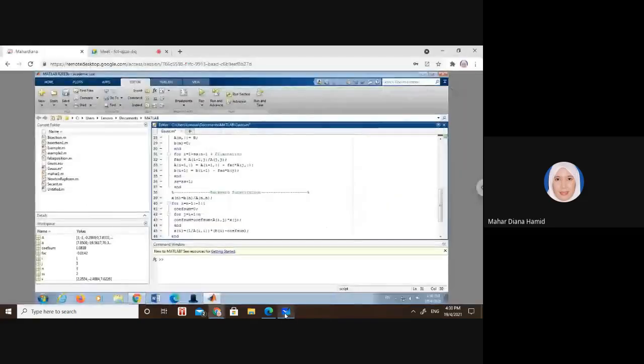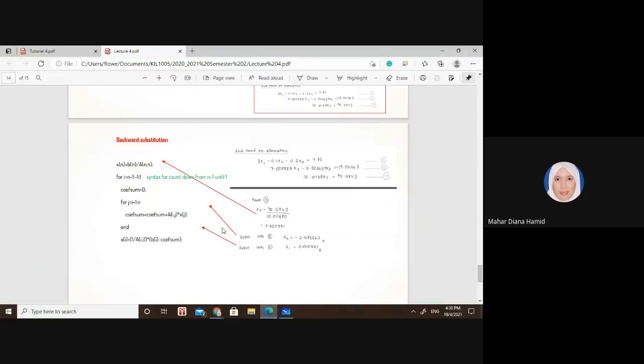So for the backward substitution, for this particular line here, I just refer to this. So if we refer back to this particular value, this is the end line or the end equation.